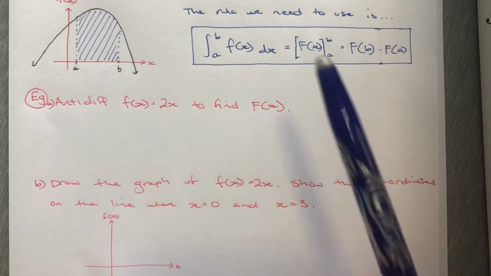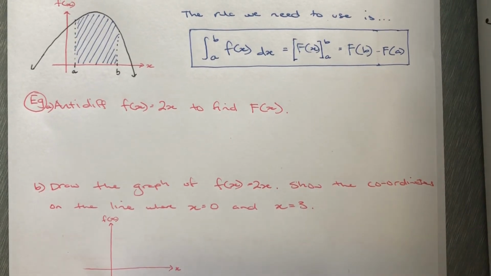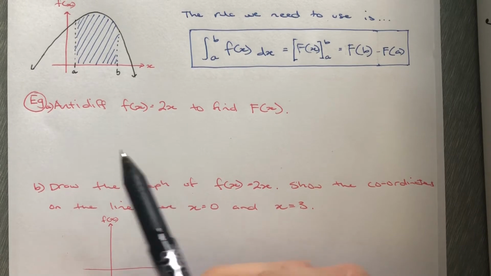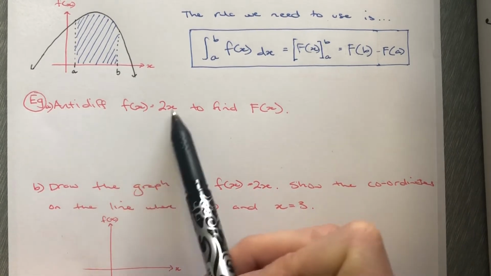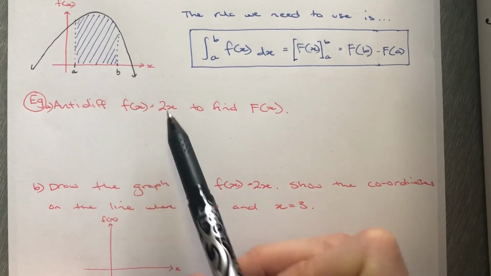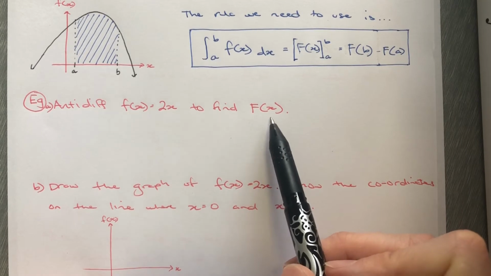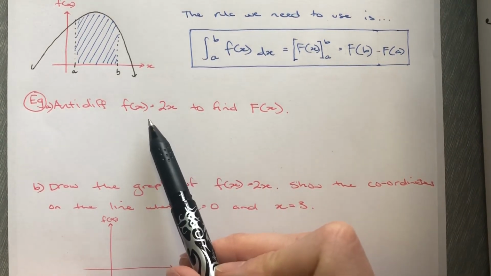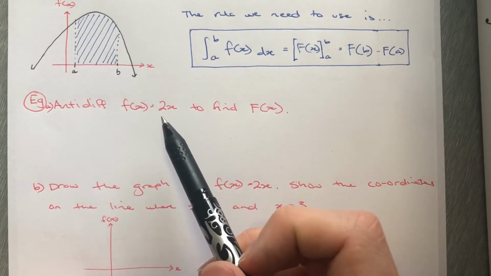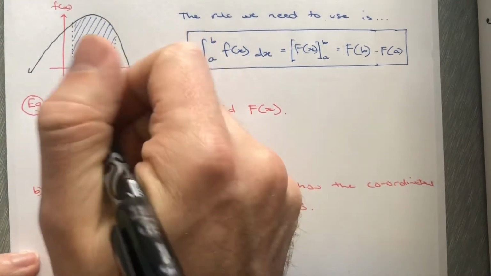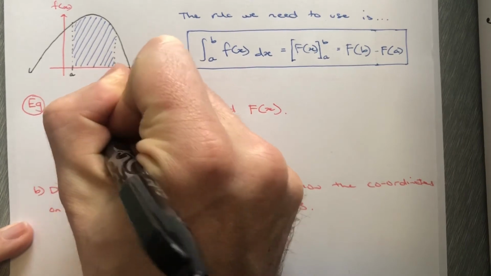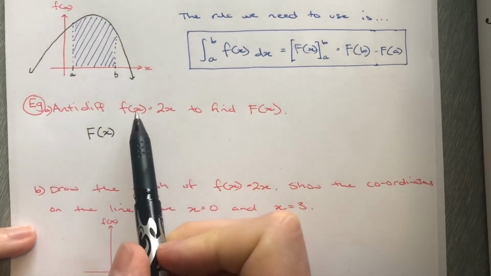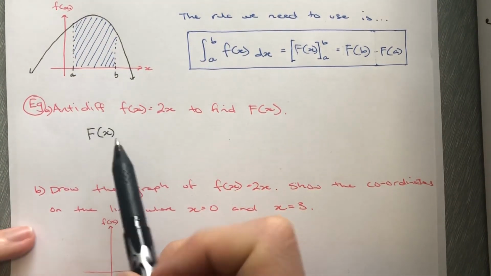Alright, now here's a simple rule for us to start. We've got f of x here, and the rule's 2x. We want to find capital F of x. So remember, we're just anti-differentiating this. This is something that we have done a handful of times before. So if we anti-differentiate f of x, we get capital F of x.